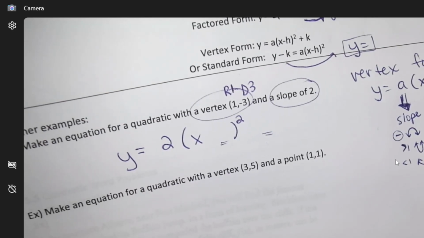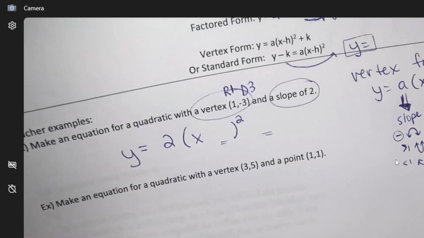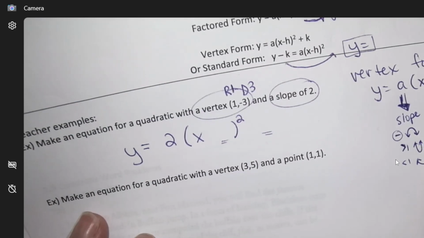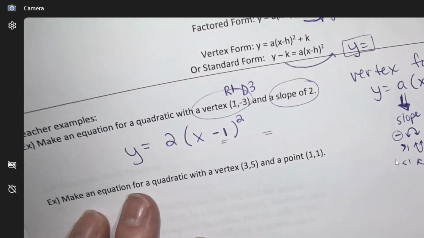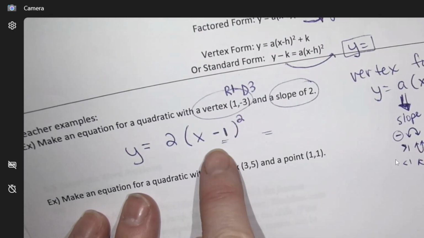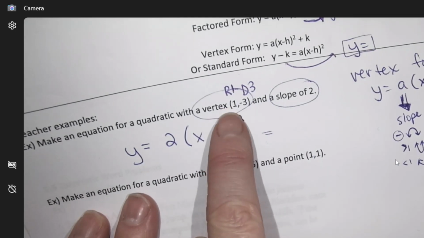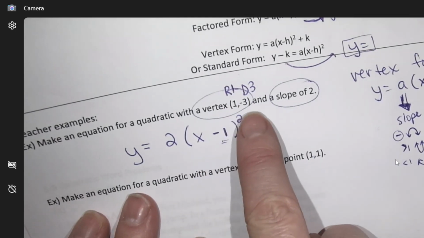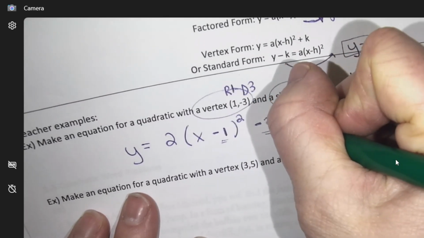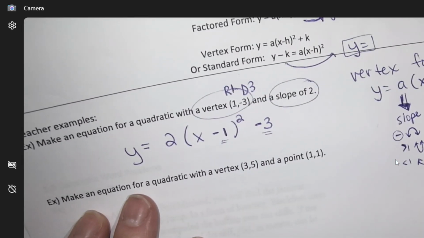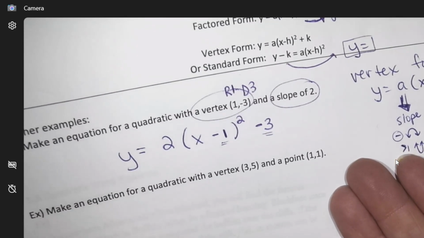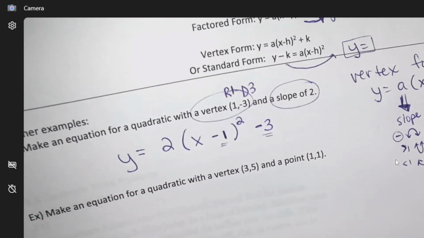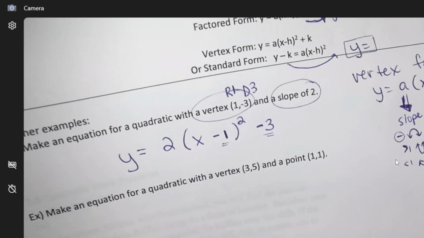So how do I put those into the positions? Right 1. So you have to do what? Opposite. So you should write subtract 1 because you have to do the opposite of that one. So this was positive 1, so now this says negative 1, and down 3, minus 3. Okay, every time you look at an equation, you should have numbers in place of everything except x's and y's. You always leave x and y open.